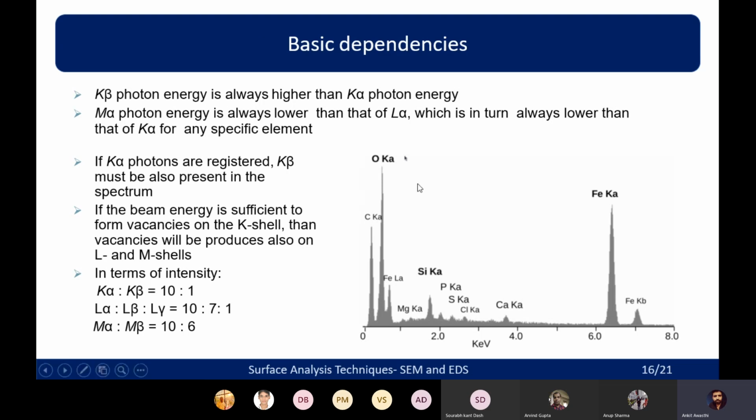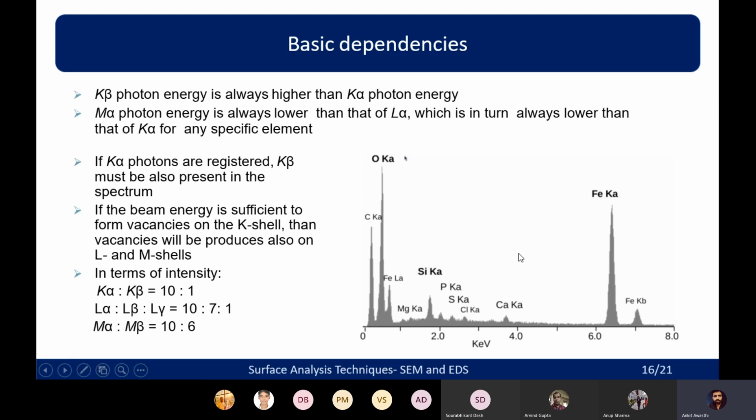Here I want to show one spectrum of that EDS analysis. Here you can see whatever I told till now. This is Fe K alpha and this is Fe K beta. The energy of this K beta is higher than that of K alpha, which is visible from this.